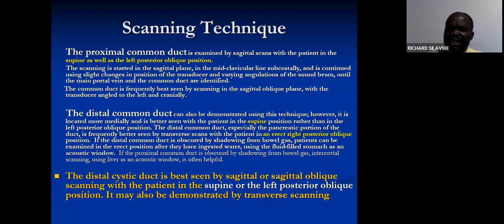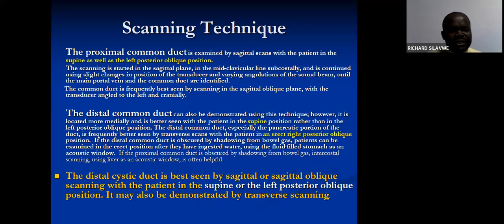So basically, if you see that there is too much shadowing coming from the bowels, especially the gases, and you are unable to see the duct properly, you can tell the patient to take water. When they ingest water, you reduce the gases that obscure the visualization of the common bile duct.